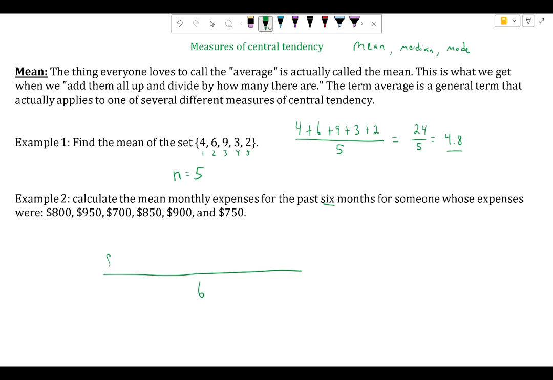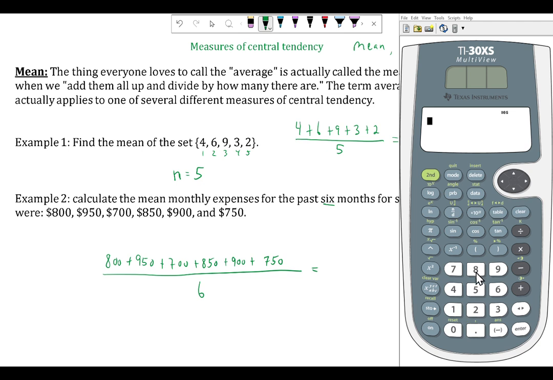So let's add these up together. 800 plus 950 plus 700 plus 850 plus 900 plus 750.